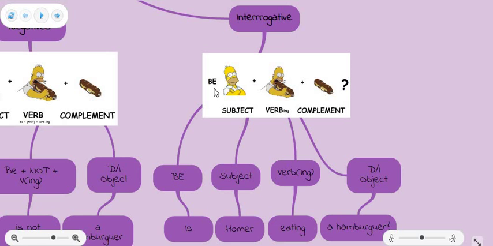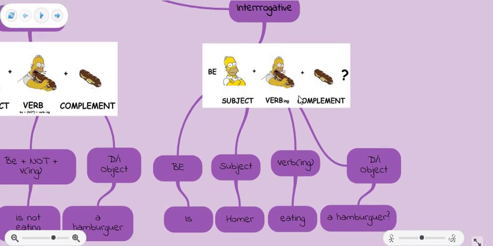So this structure will start with verb be. The three forms of it, as we have said before, are am, is or are. Then the subject, the corresponding one, according to the verb be that we used. In this case, it's Homer.